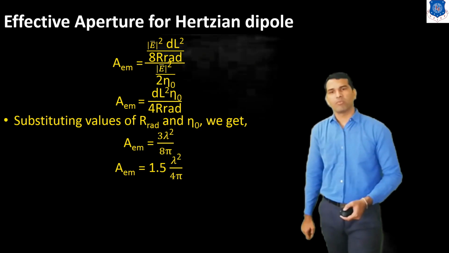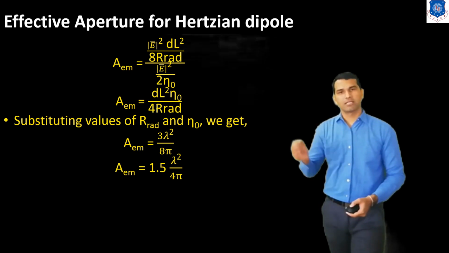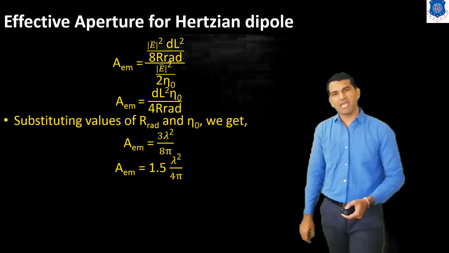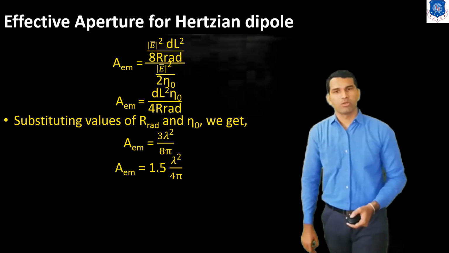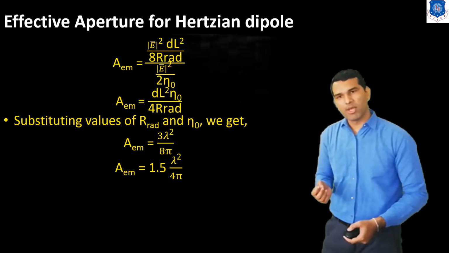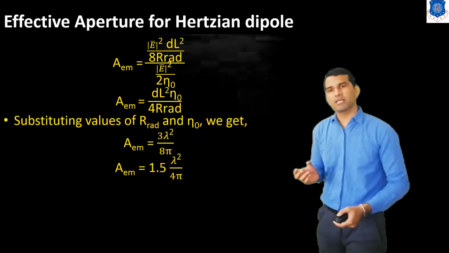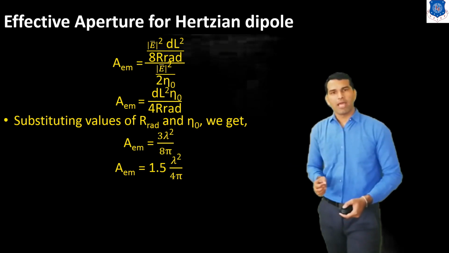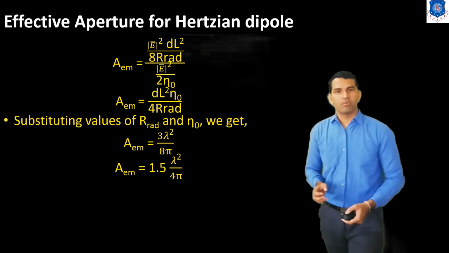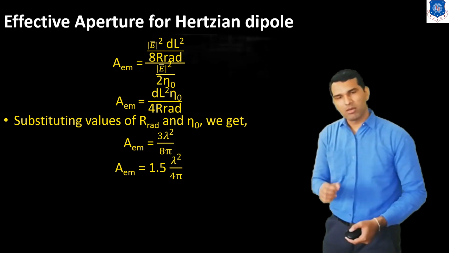Or when we solve 3 upon 8, we get AEM is equal to 1.5 lambda squared upon 4 pi. Here lambda is the wavelength, so effective aperture is related to the wavelength of the antenna, and the wavelength is related to the frequency.